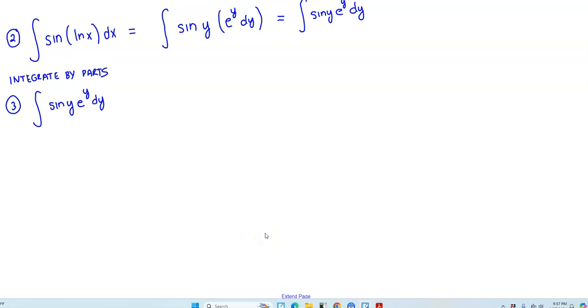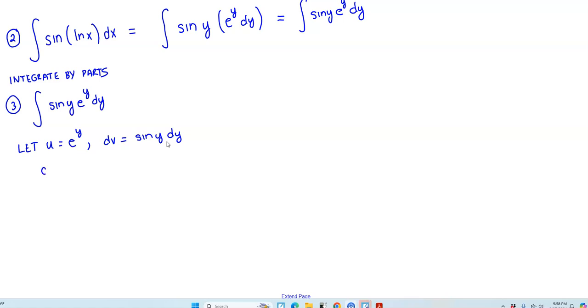And so now we're going to let u equal e to the y, and dv is going to equal the sine of y dy.